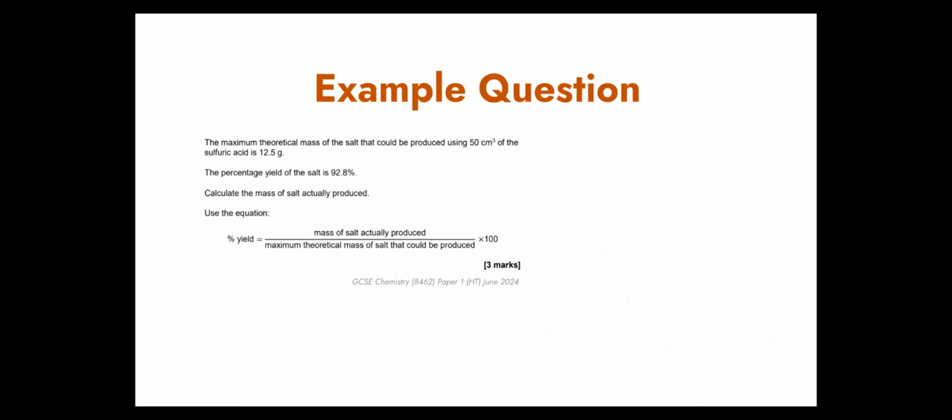Here's another question. You are given the percentage yield, which is 92.8%. And we know that the maximum theoretical mass of sulfuric acid that we can obtain is 12.5 grams. It's the theoretical mass of the product, so it will go here.